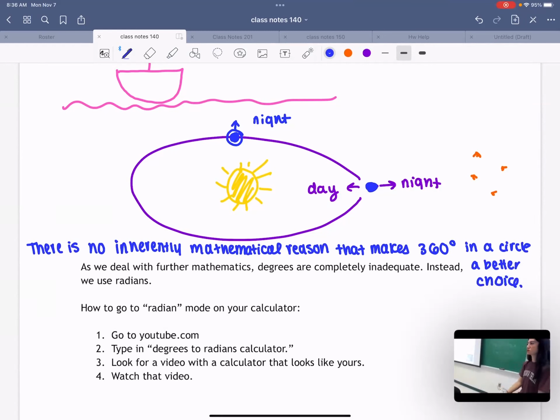Okay, there's really no reason other than the fact that it factors really well. There's really no reason why 360 degrees is better than any other number that we use for a degree in a circle.